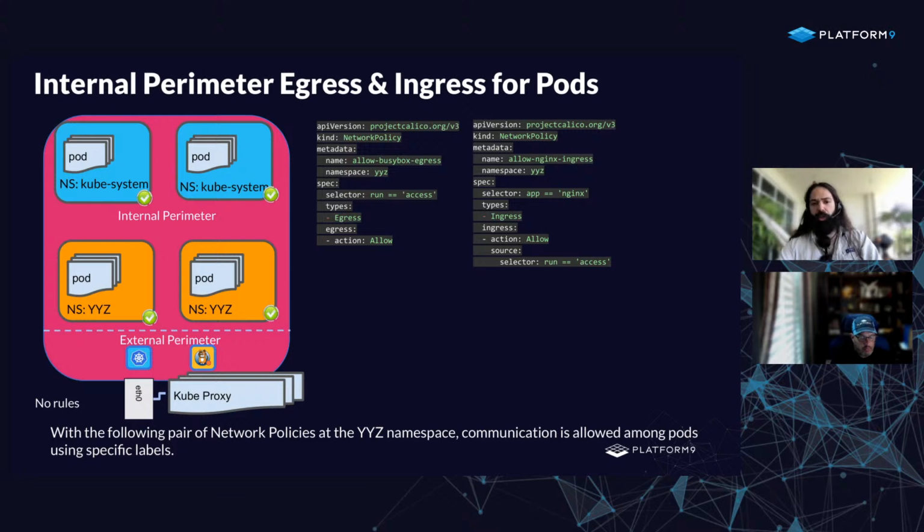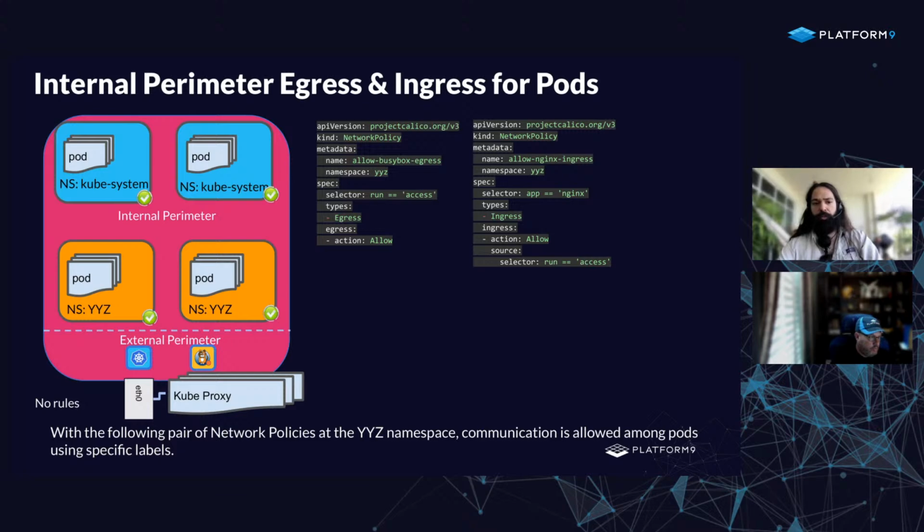And if we continue looking to the right, we have a second one, for the Nginx ingress. In this one, what we're saying is that this type of traffic is ingress, and the ingress action is going to be allowed only if it comes from something that has the following label.